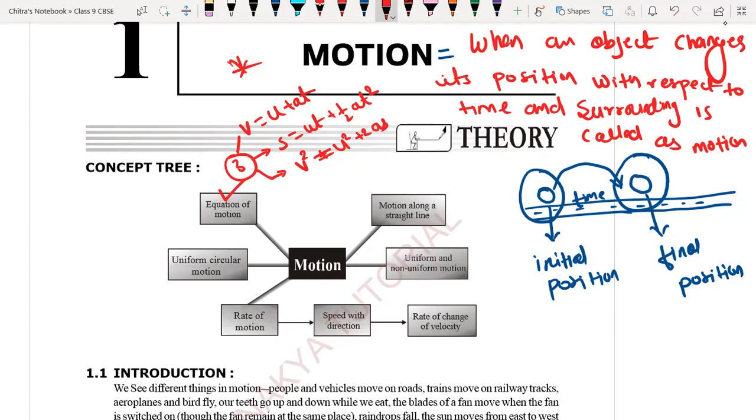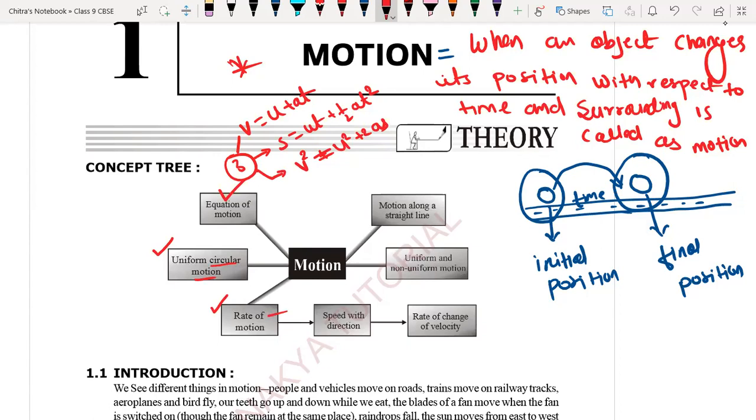Second, we are going to understand uniform circular motion. In this chapter, we will cover uniform circular motion, and first we will cover circular motion also. Then we are going to cover the rate of change in motion.